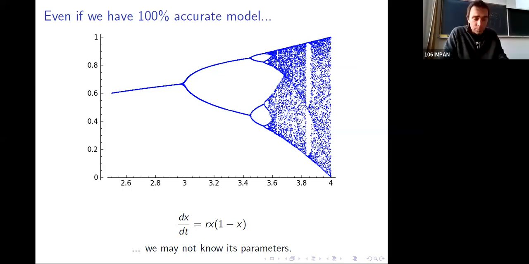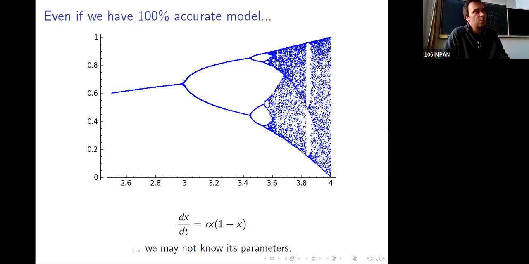I did work with some field biologists. What typically they are doing is, we have a model, but they go to the field and make measurements. Quite often they come back and say, for instance, in this model, your R is something between 3.8 and 4. If we look at the phase diagram, but not the bifurcation diagram, then we are in this very chaotic phase.